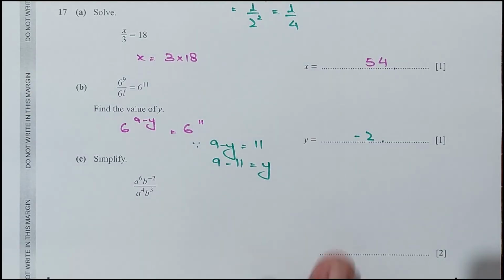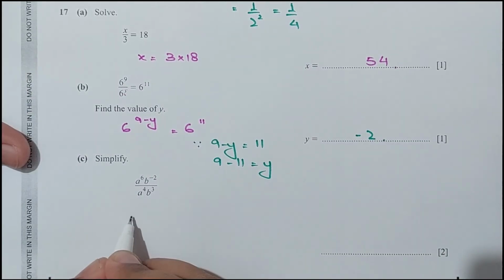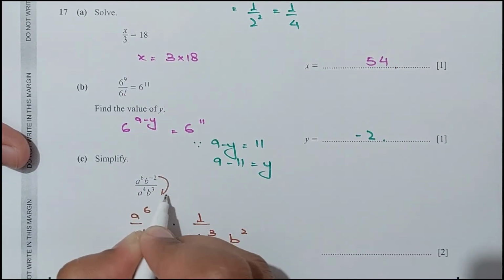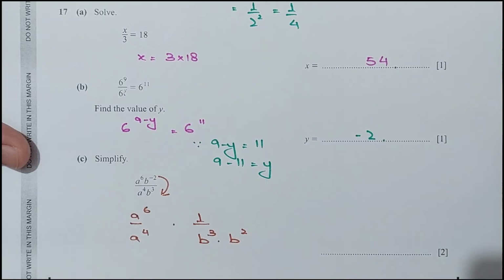Now for part C, we have to simplify. a to the power 6 over a to the power 4, times 1 over b to the power 3, into b to the power 2, because you have to shift this into the denominator to make it a positive power.